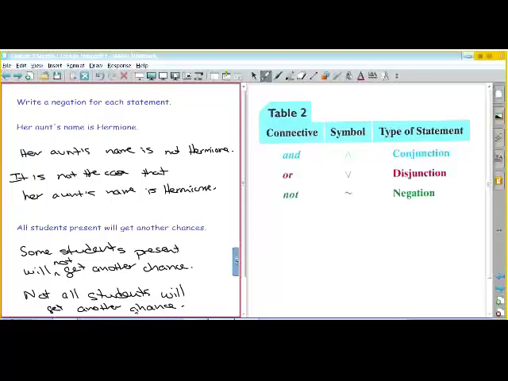Either one of those: some students present will not get another chance, or not all students will get another chance. Because not all students means it could be none, or it could be one through not everybody.